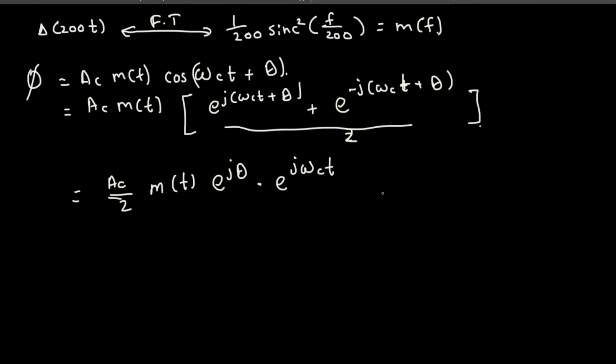Then the other part is also AC over 2, e power minus j theta, times m of t, I forgot to put the m of t, and then e power minus j omega ct. Okay, so this is the expansion.